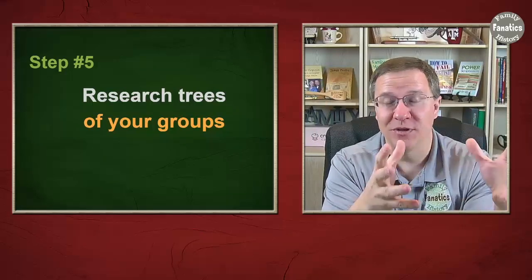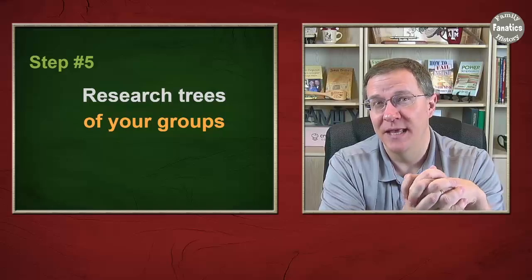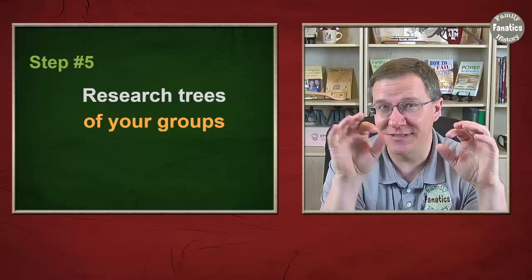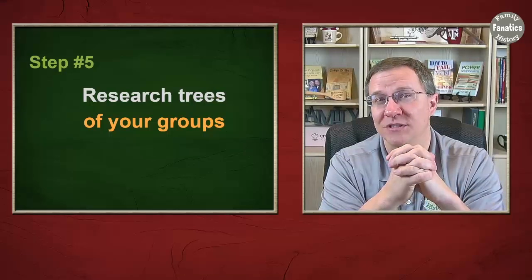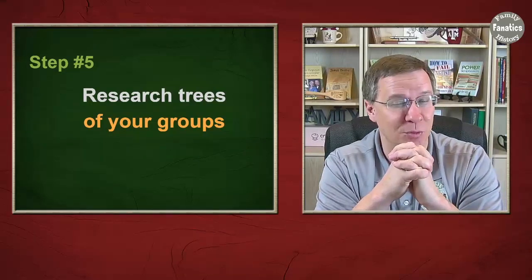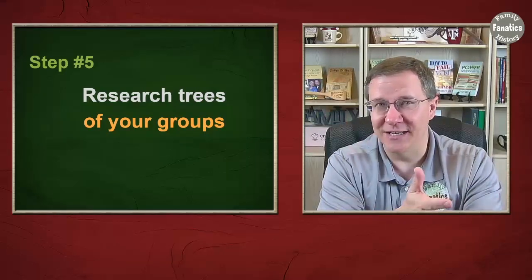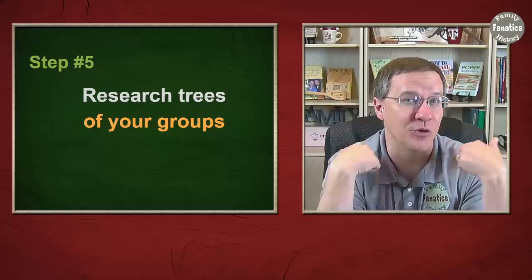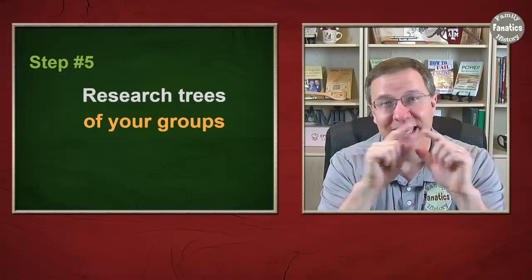And so we could label this cluster as part of that group. Now, I go into this in more depth in other videos on this channel, but this is just a quick guide for you as far as some basic steps of what you're going to go through. So start digging into those trees, start seeing where those common ancestors are, and if you can find out how you're related to those common ancestors, even better.